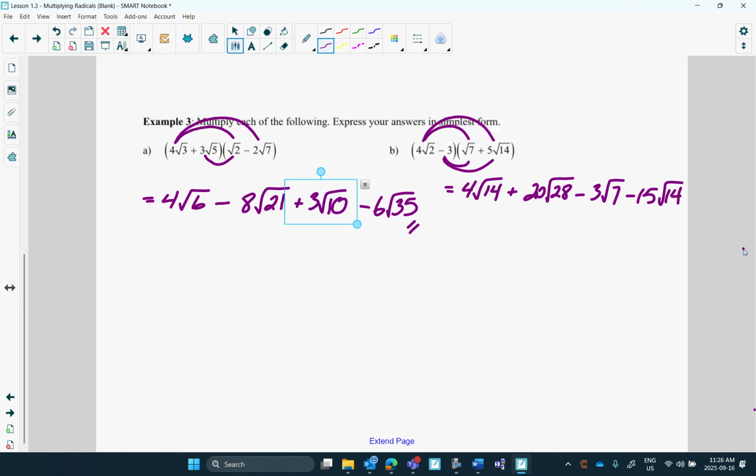Well, I see like radicals, and I also see a radical that I can break down. So I won't do this just yet, but you should be able to see root 28 can be broken down to 4 and root 7, minus 3 root 7, minus 15 root 14.